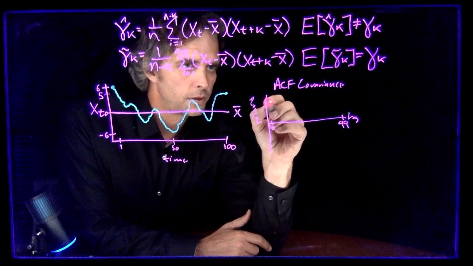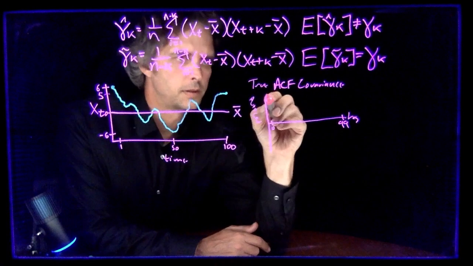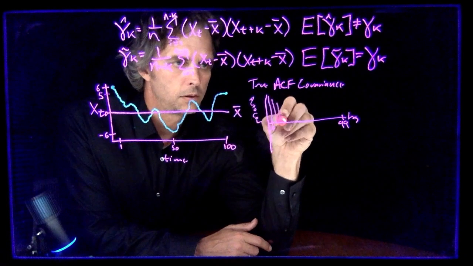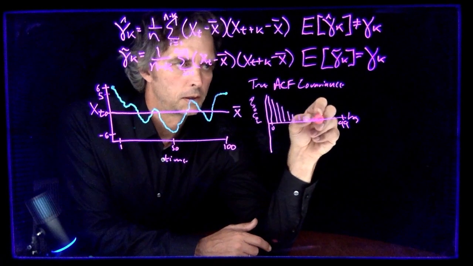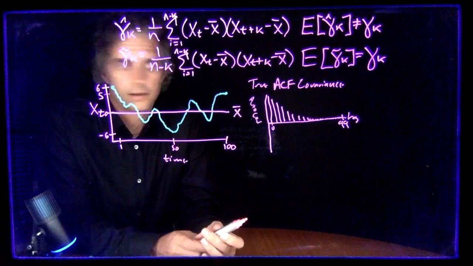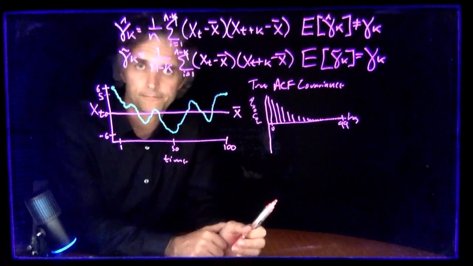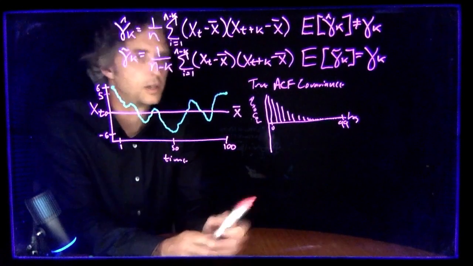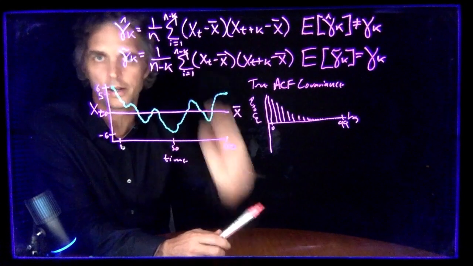Now, the true ACF will be some really big number, and then it will slowly damp until finally it'll be basically 0, saying there's not much information about today from a time point 99 units ago. That makes sense. The further we get on in time, the less the past affects the future, and that's certainly evident in this one.